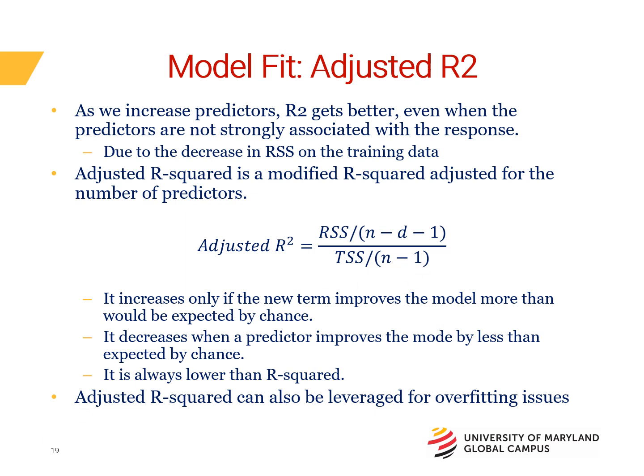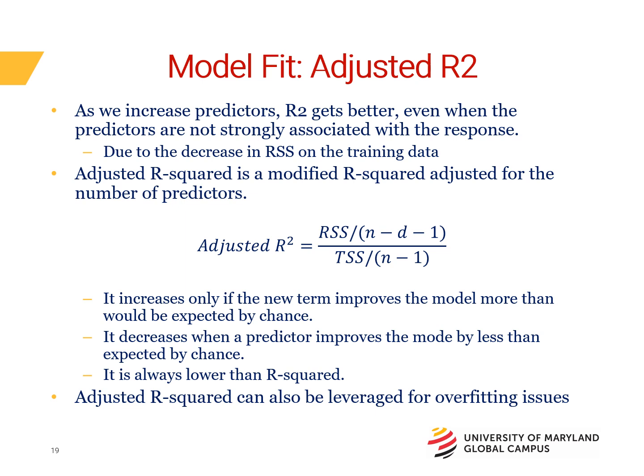It means it only increases if the additional terms truly improve the model performance, and decreases when a predictor improves the model by less than what is expected by chance. It is always less than R-squared, and the two become equal if all the predictors are truly correlated with the response.